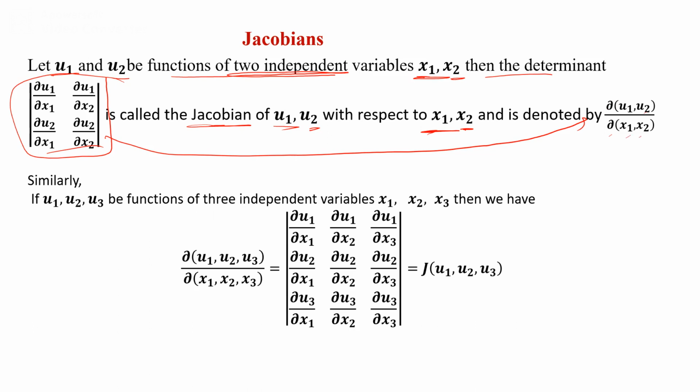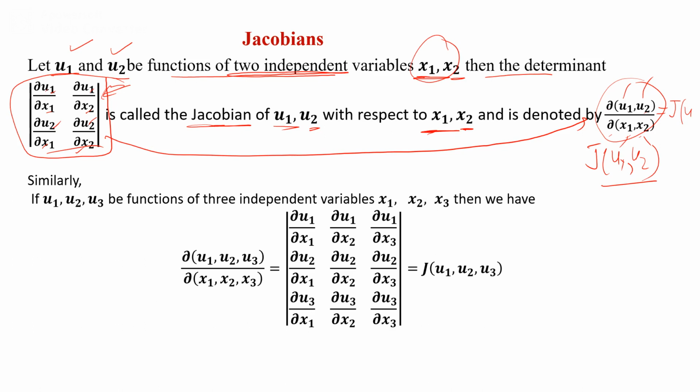You always have to remember, if we write del u1, u2 in the numerator and del x1, x2 in the denominator, how we write the determinant: u1, u2 along one direction and x1, x2 along the other. So this is the Jacobian. Sometimes we can also write just J of u1 and u2. This means the Jacobian of u1, u2 functions, which depend on two independent variables x1 and x2.